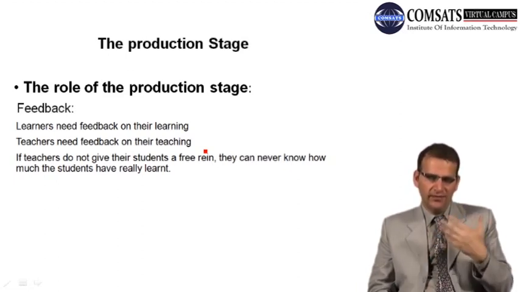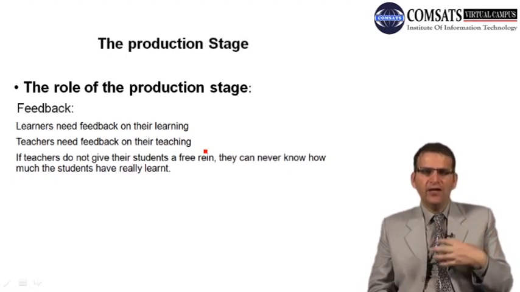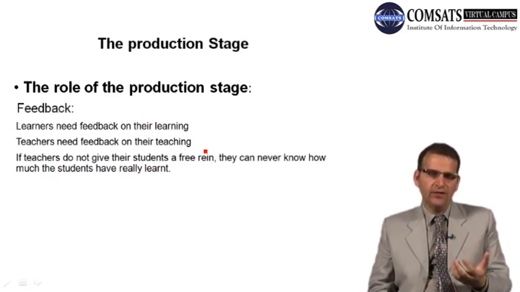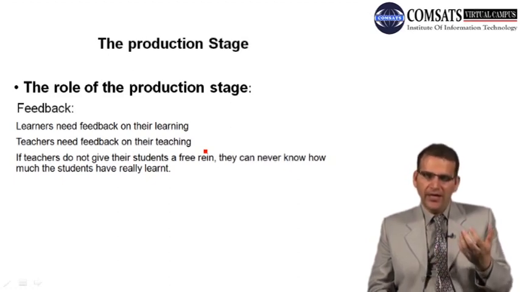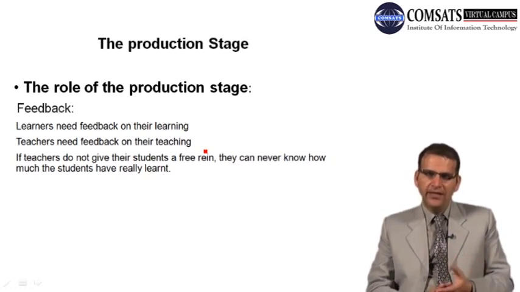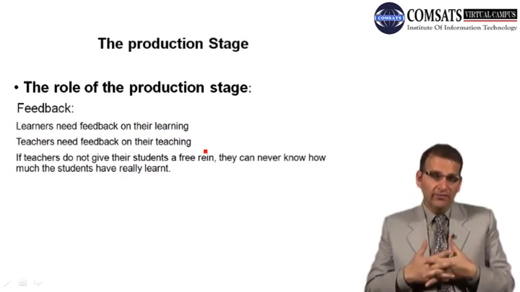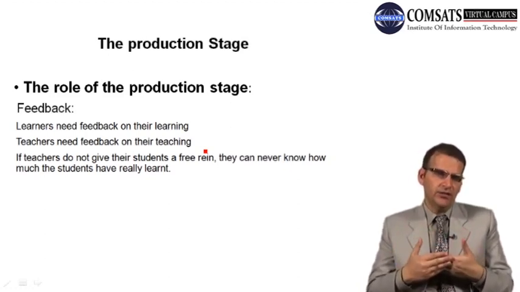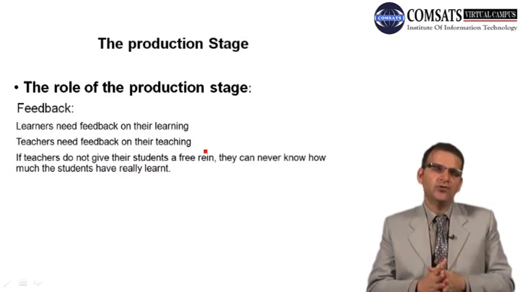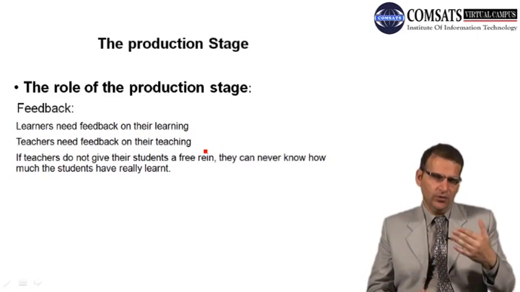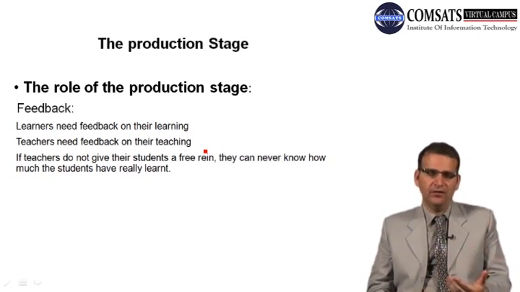If the students do well, encourage them. If they are unable to do well, you can find out the problems and tell them these are the areas you need to work on. If the teachers do not give the students a free rein, they can never know how much the students have really learned. Is that clear? When the teachers give a free hand to the students, they come to know how much they have learned, right?